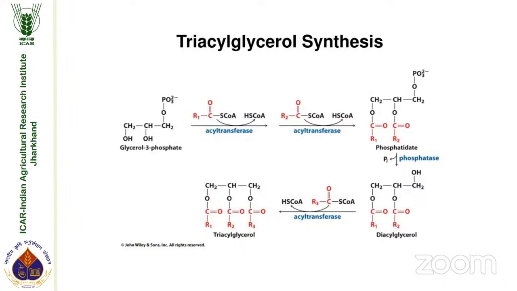These acyl transferases are both generalized and specific kinds. Many times you have fatty acids of different natures, like long chain and short chain fatty acids, saturated, monounsaturated and polyunsaturated fatty acids.